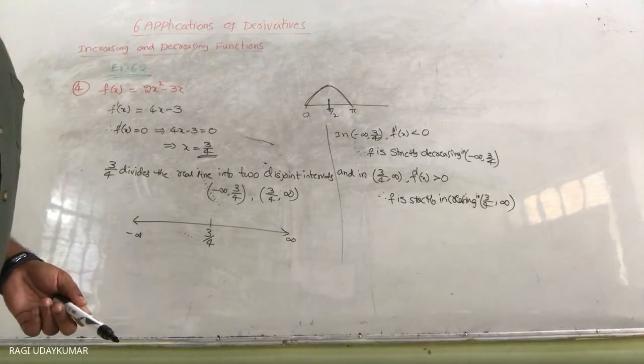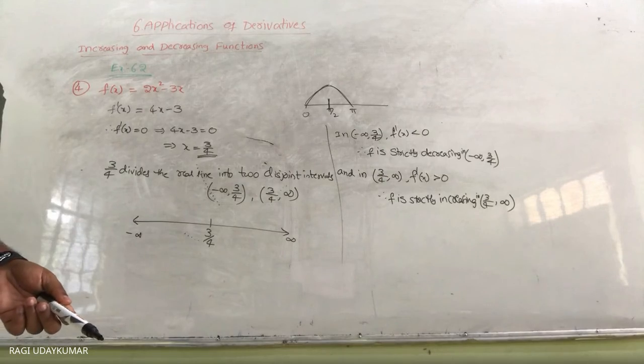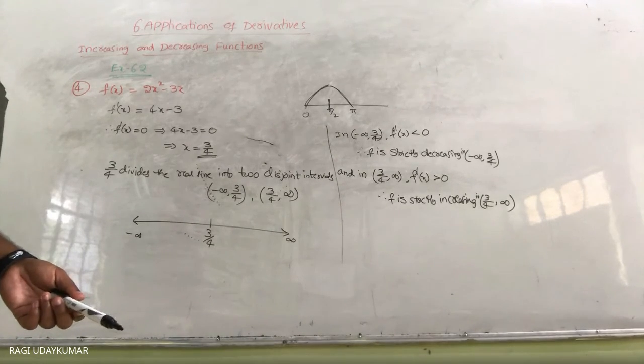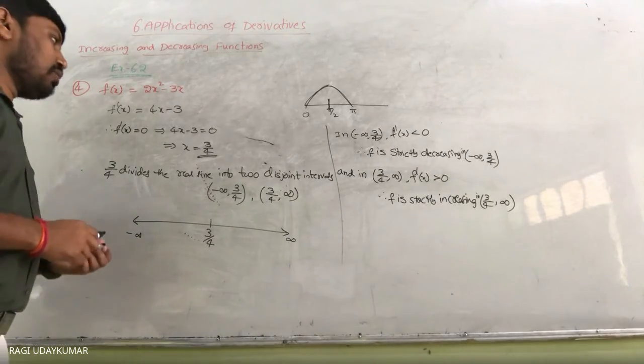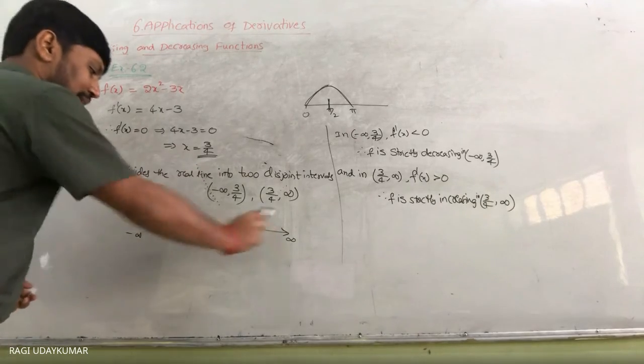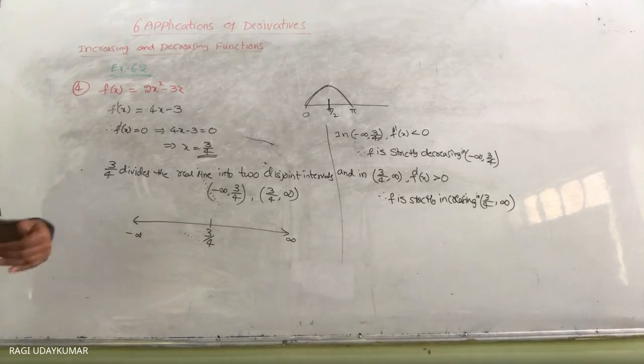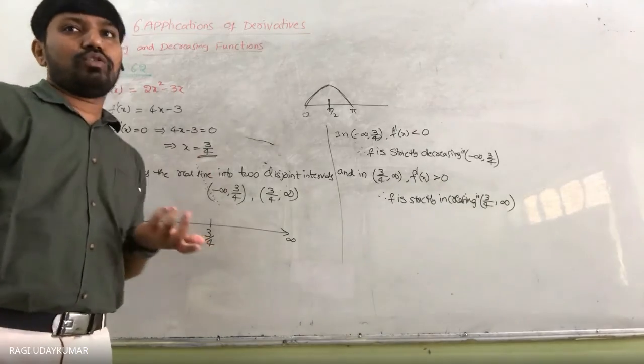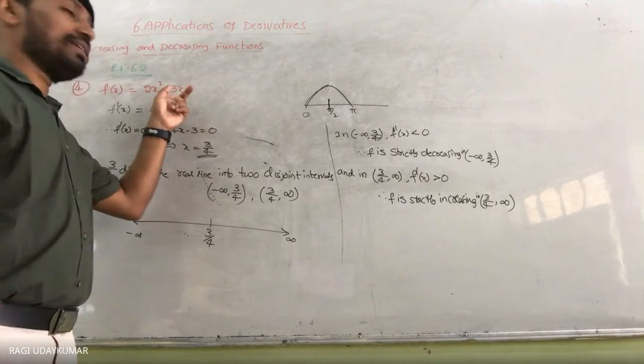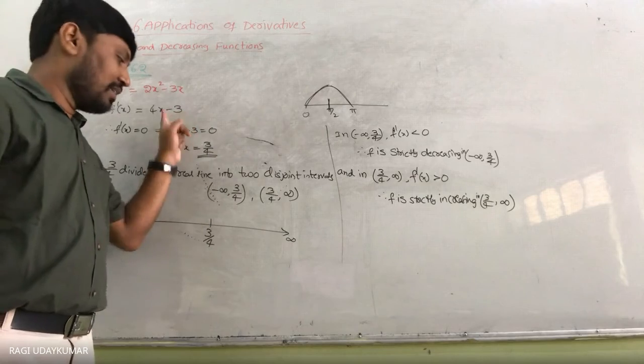Here we are getting only a single point, and that is okay. In the next coming problems, the points dividing the real line may not be one, there can be 2-3 points. If it is given as linear or quadratic, you get one point.